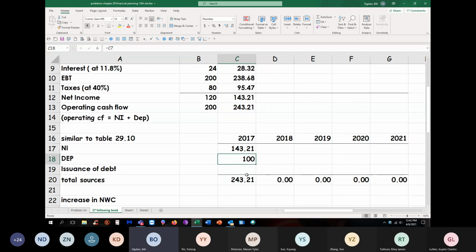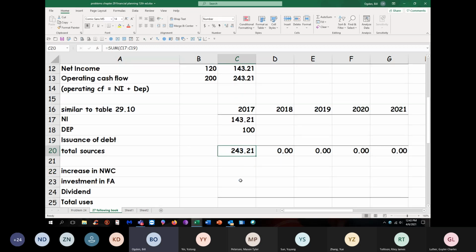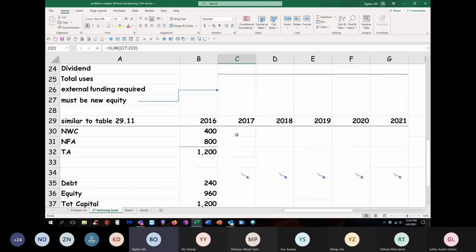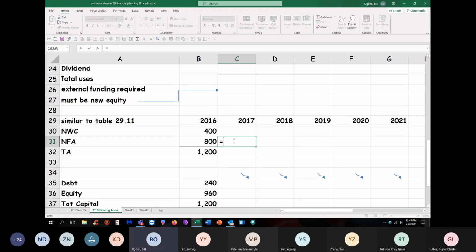All right, and at this time, I'll add everything here. All right, so these are my sources. What are my uses? Okay, so let's come up here. Okay, we have to do the top part here. And we know that we take the beginning net fixed and add to it the investment less the depreciation. So if you think about it, what are your net fixed?